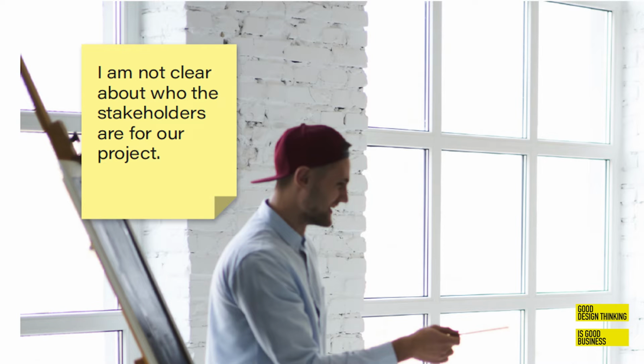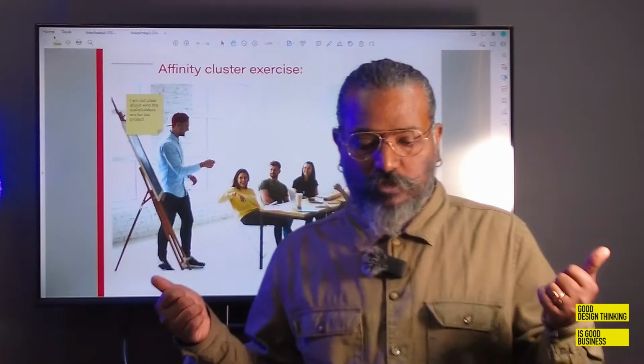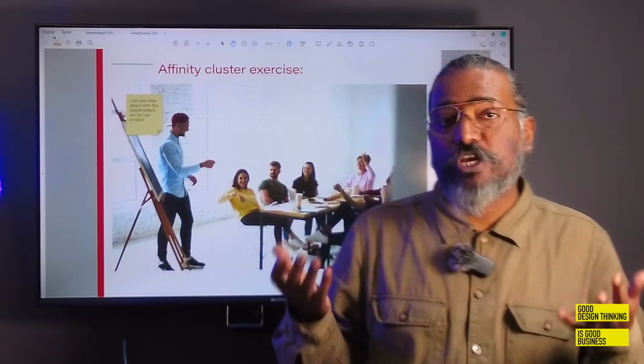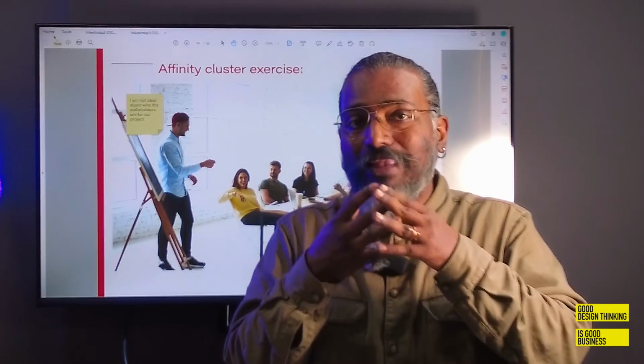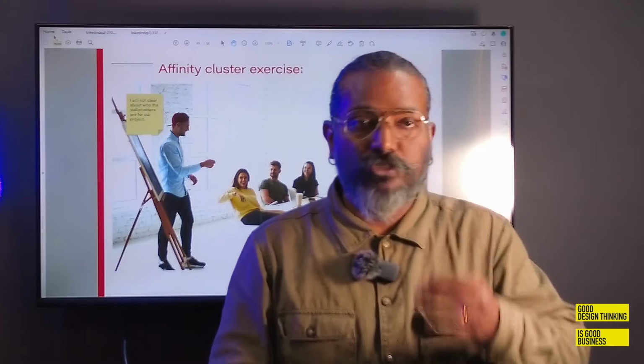One person says, I'm not clear about who the stakeholders are for the project. When a project begins, I don't know who the stakeholder is. I just don't get a proper brief, just a blank brief. Just do it, sort of thing.